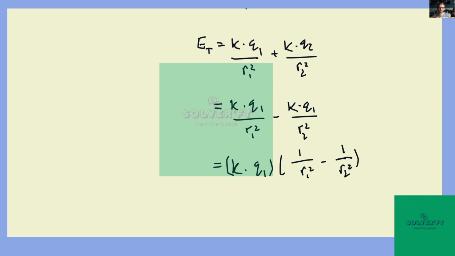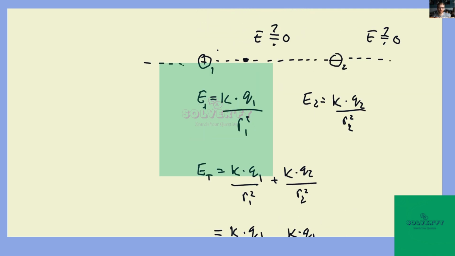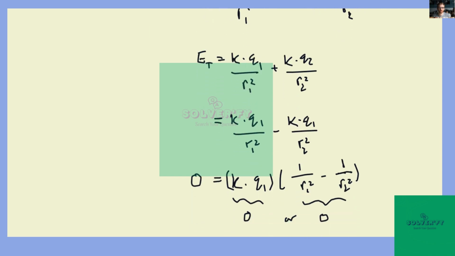If we set this equal to 0, this is going to be equal to 0 when K times Q1 is 0, or when 1 over R1 squared minus 1 over R2 squared is equal to 0. Well, K times Q1 is never going to be 0, because we know that it has a charge, so Q is not 0. K is a constant. It's never going to be 0.